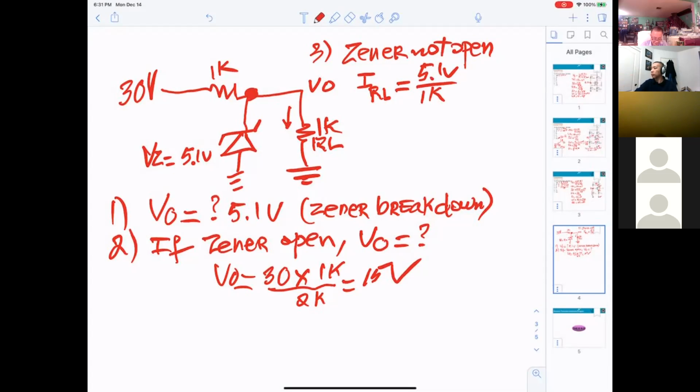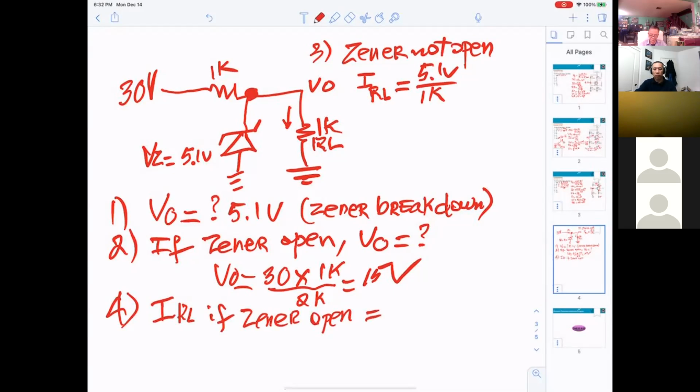And the last question on that one, I load if the Zener is open. That would be the 15 volts divided by the 1K. Yeah, that's all you have left.